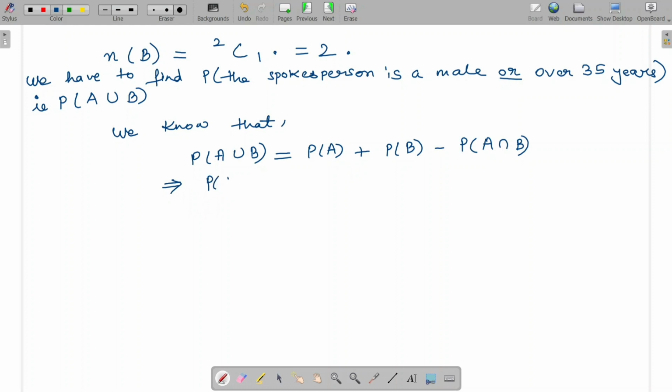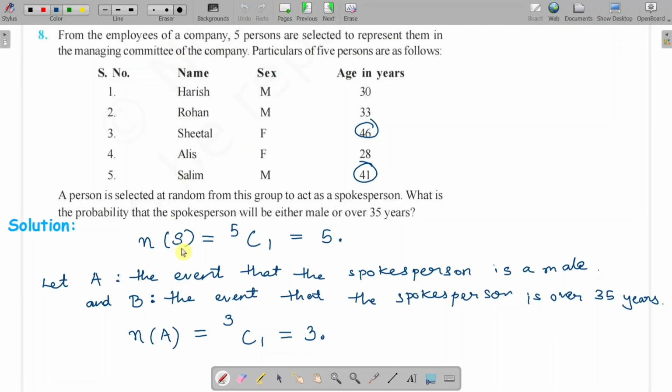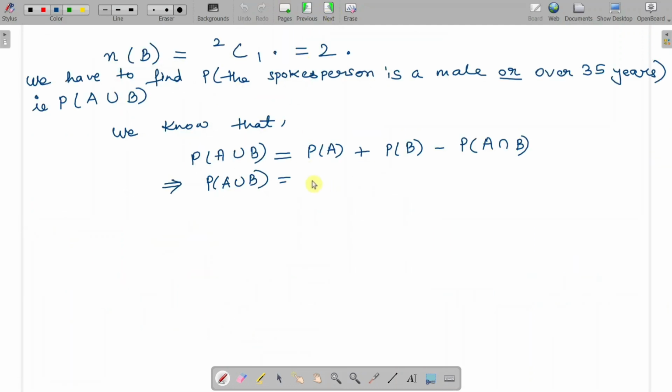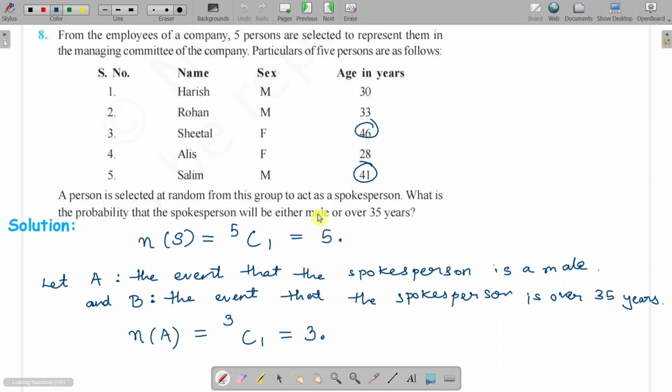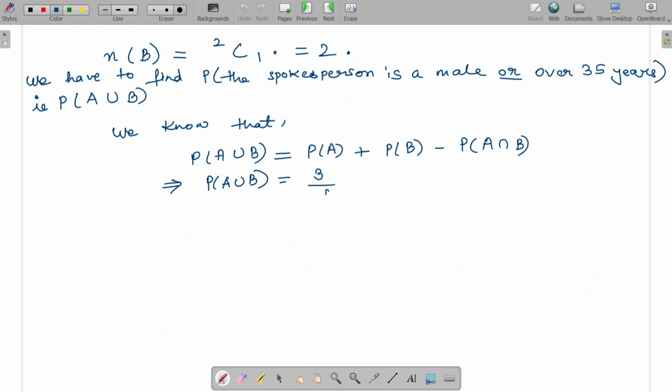So P A union B will be equal to, P A is the probability of A, that is nothing but 3 by 5, as the number of elements in the sample space is 5, plus P B is 2 by 5, right? The number of elements in B divided by the number of elements in the sample space. So 2 by 5 minus the probability of A intersection B.